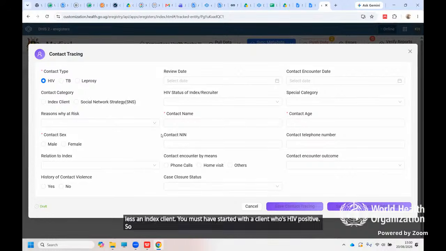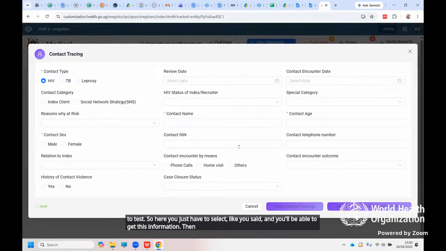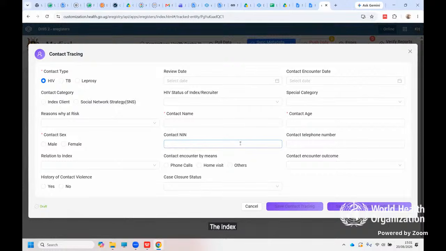That will give you all the index's contacts, those that can be tested. Here you just have to select, like you said, and then we'll get this information. This information will be aggregated for us to even do a line listing if we want to know whether we are able to test all their contacts, the index and the social, and those we are picking from the social network strategy.